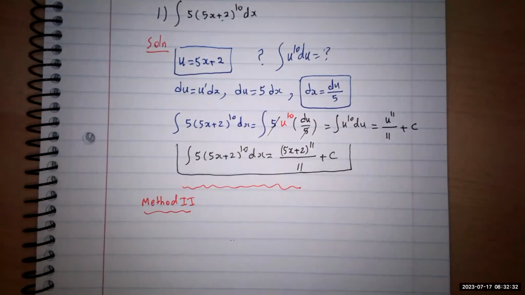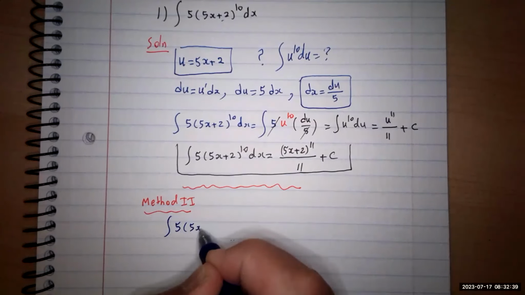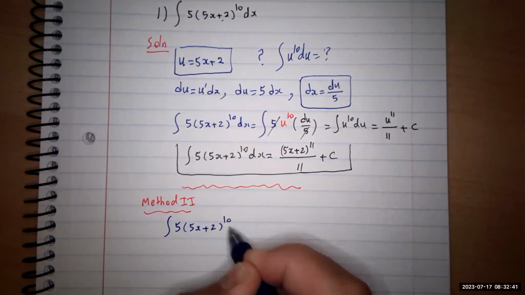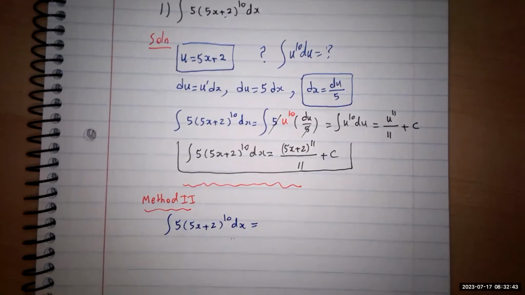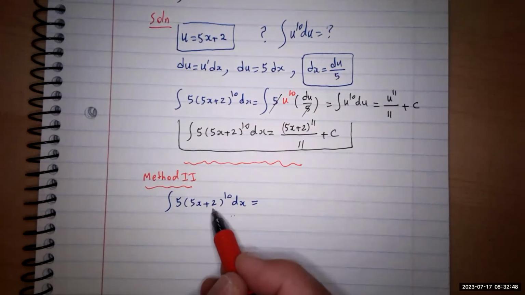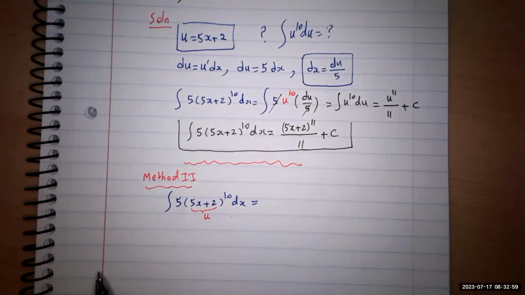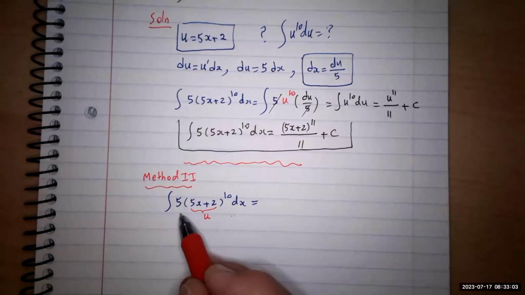Now what's going to be this? You see, this is the integral that you have. You have 5 times 5x plus 2 to the 10 dx. The way we did it, you take this one to be u. Remember, when you do the chain rule, there is going to be u prime, or when you do the differential of the u, you look for the u prime. You see, u prime is 5. So this is going to be 5.